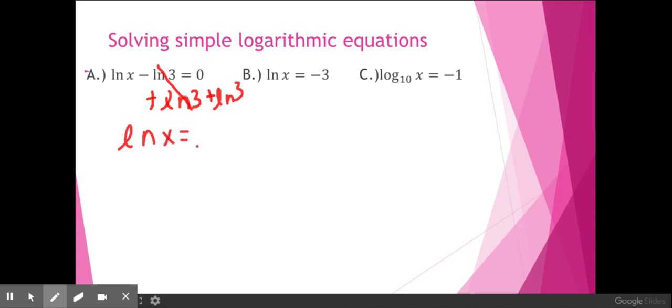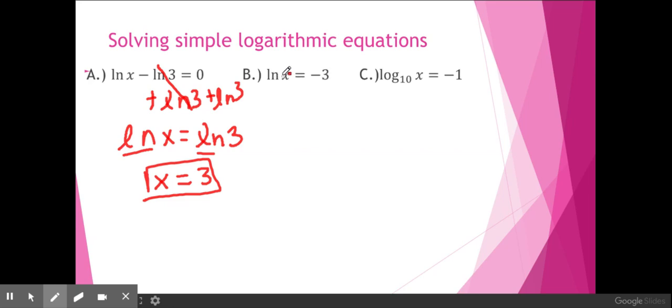And on the right side, we get the ln of 3. Now, because we have ln and ln, which has a base of e, matching bases, we can set x equal to 3 as our final answer. And we're done.